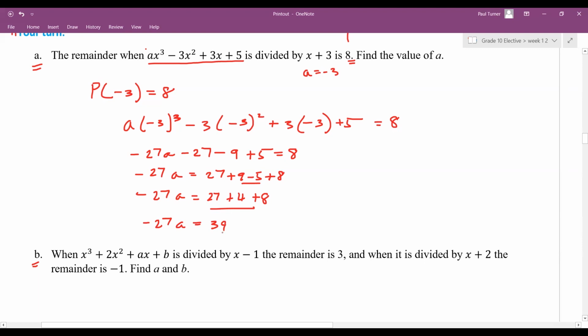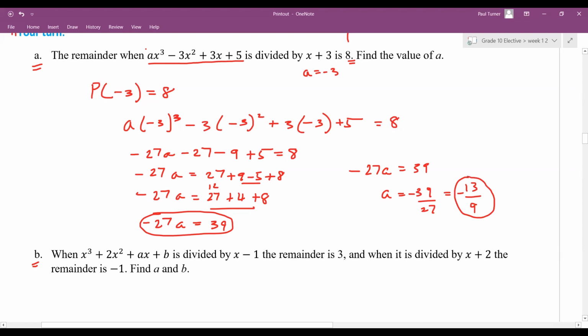Is that correct? 39. 8 plus 4, 12. So you got 12 plus 39 here. So you'll come down to here. So -27a is 39. So a will be 39 over -27, or -39 on 27. And 3 into 39 is 13. 3 into 27 is 9.